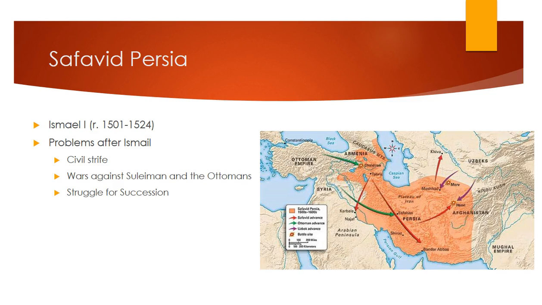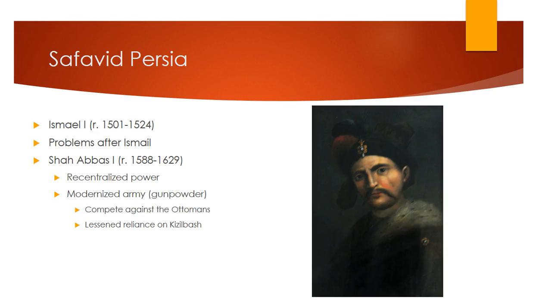One of the Qizilbash actually overthrew the Shah and made himself mentor to this Shah's son. And with that Shah being overthrown, we have the rise of Shah Abbas.